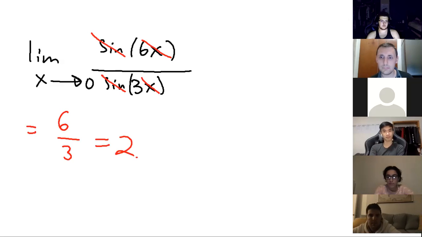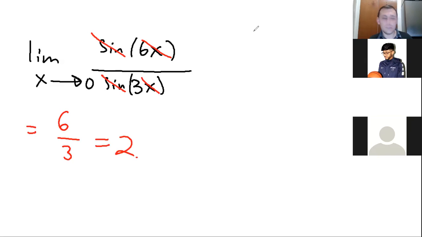I multiplied the bottom and the whole thing by 2. The bottom by 2. Why by 2? To change it to 6x. So you took 2 here and then you multiplied it into 3, yes? So let me see. What you did is something like this.